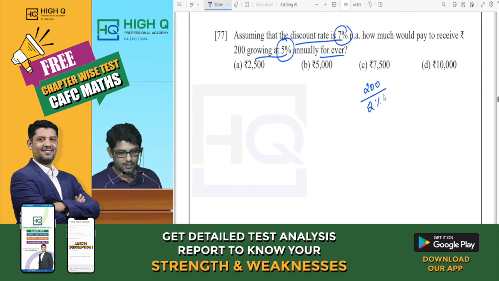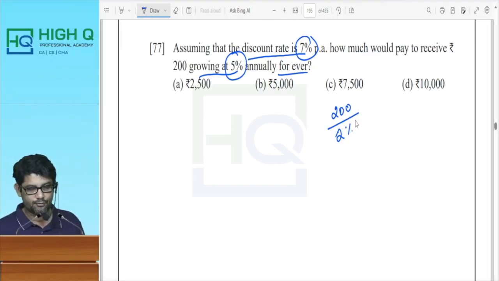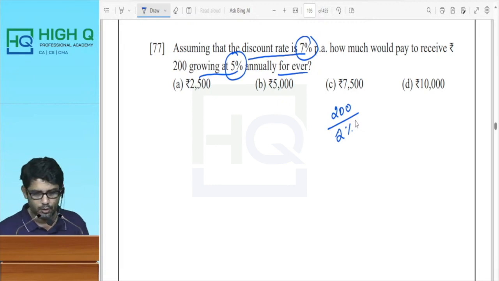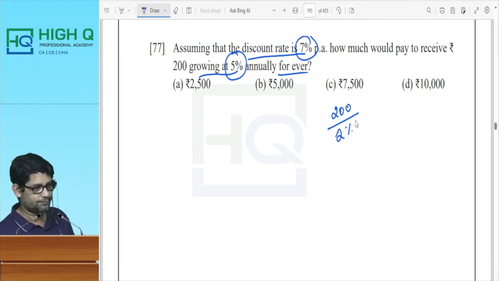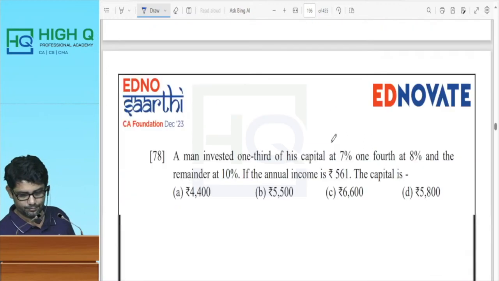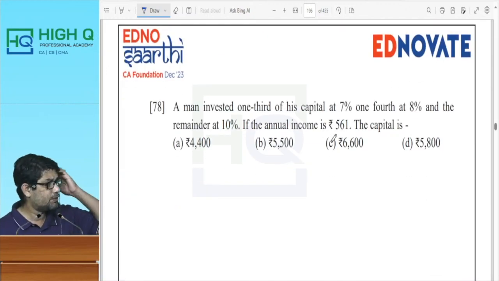Janil is asking, sir, maths module exercise 4B, 5th question. What is that question? I don't have the book now. Can you read that question, 5th question?